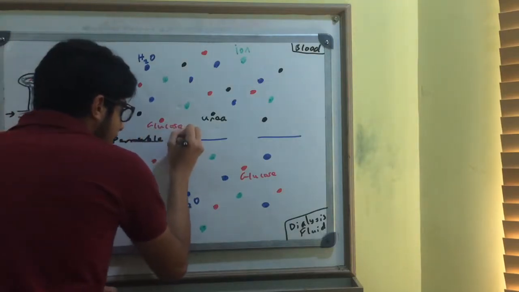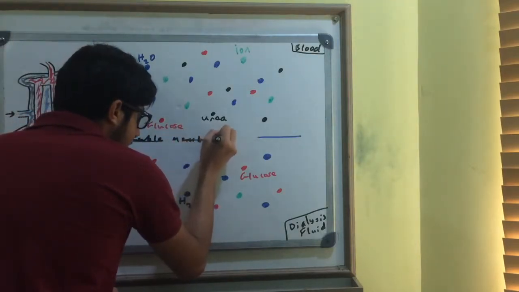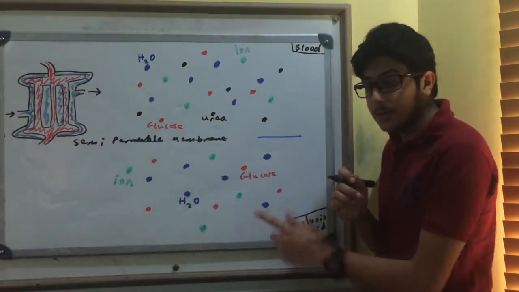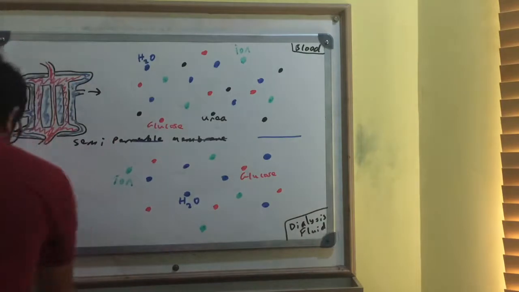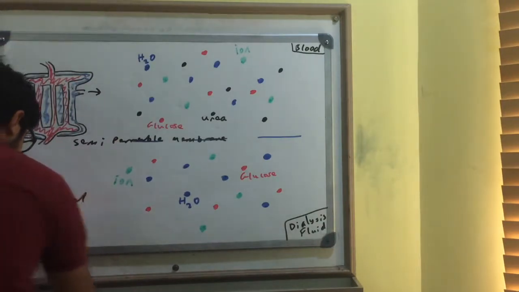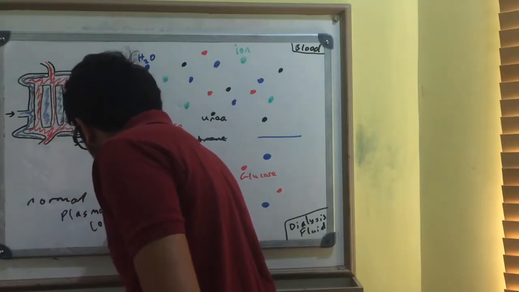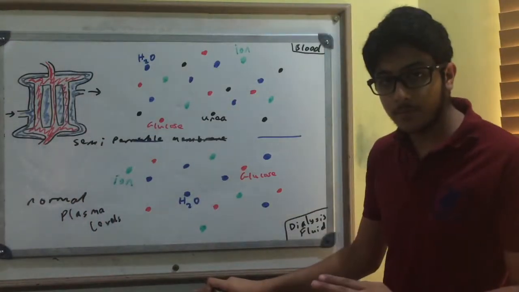And the dialysis fluid contains the normal plasma levels of your ions, of your water, of your glucose.